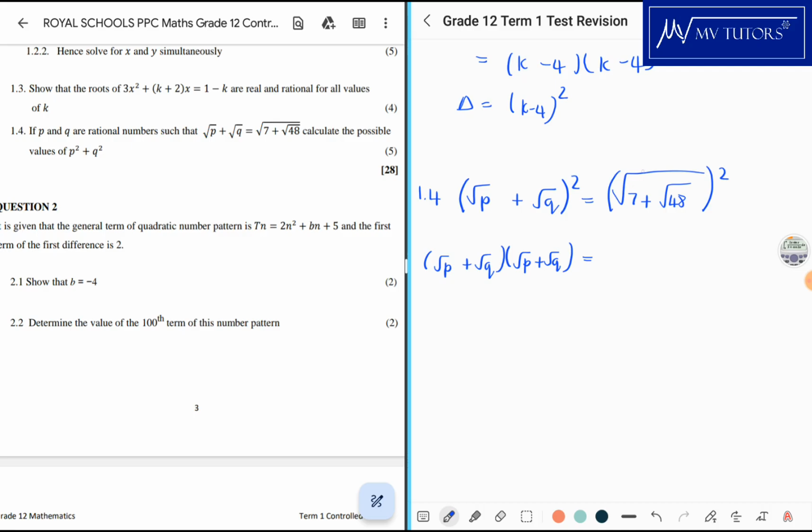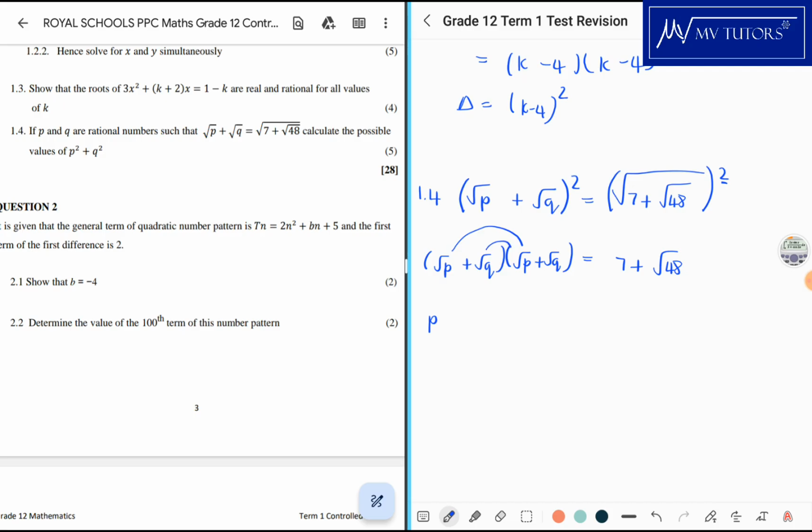And now if you have a square root and square here, they cancel each other. So we have 7 plus root 48. Now if I multiply root p times root p, I just have p. Remember, if you deal with surds, if they multiply, you're going to have something like this. Again, the root and the square would cancel each other. Hence, I'm left with p.